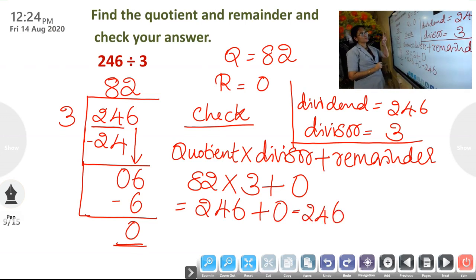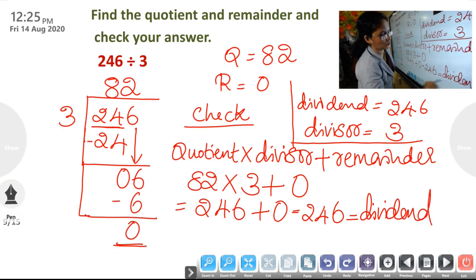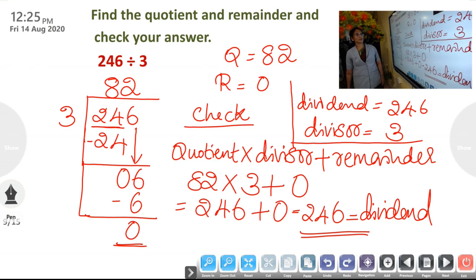And is that equal to our dividend? Yes. Quotient into divisor plus remainder should be equal to the dividend if your division is correct. So this is equal to our dividend. So this means that our division is correct.